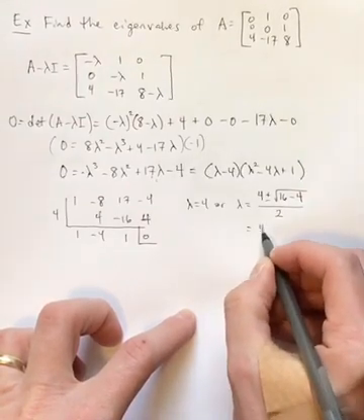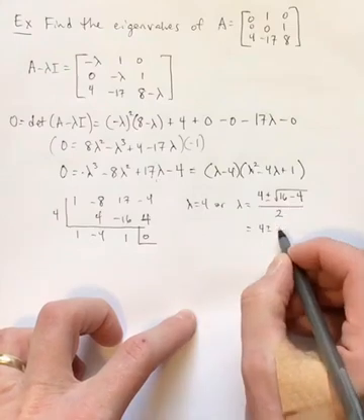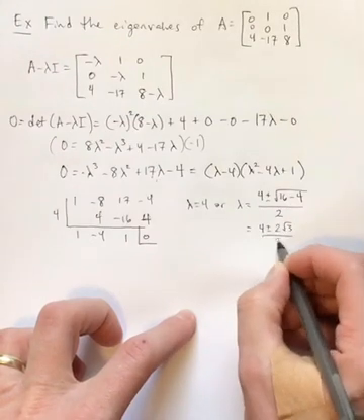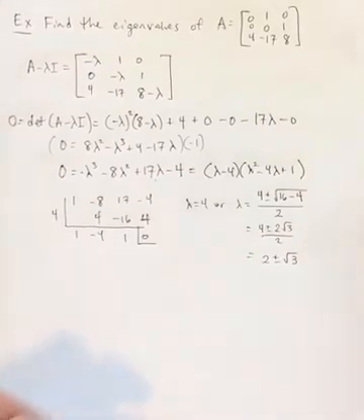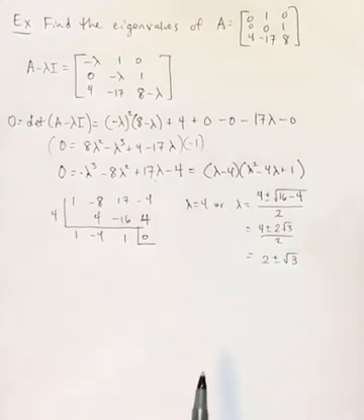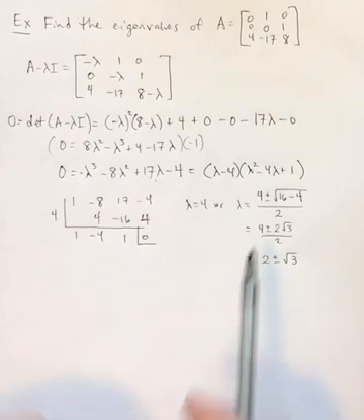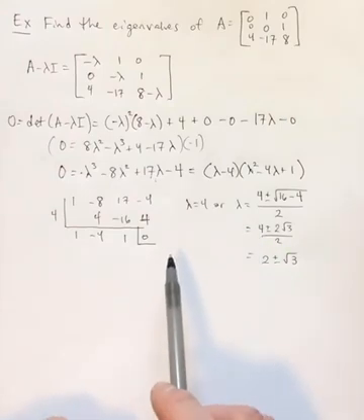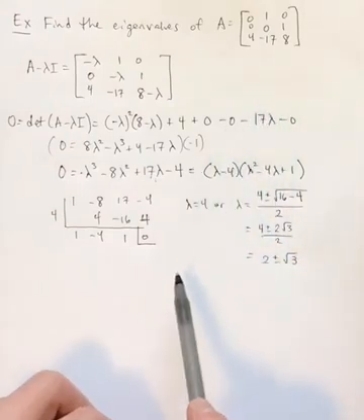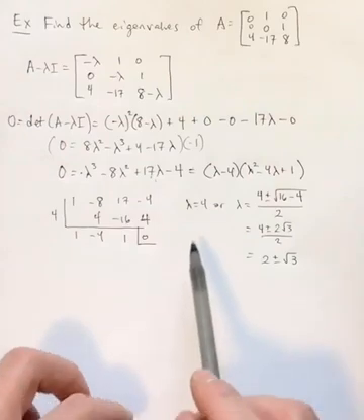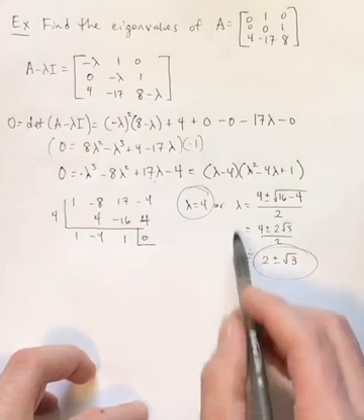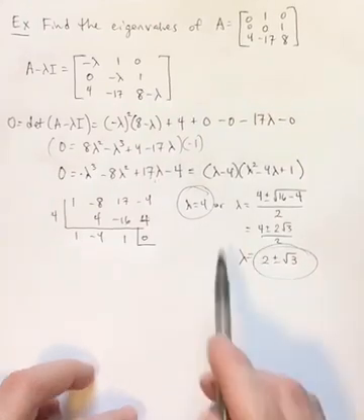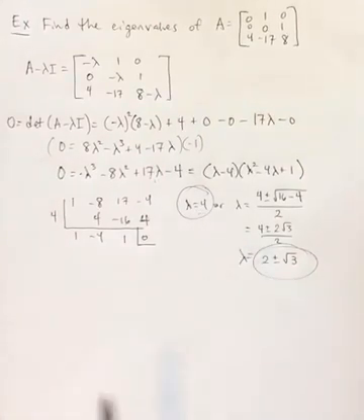And then that's 4 plus or minus the square root of 12, so 2 root 3, divided by 2. And when we simplify that, we get 2 plus or minus root 3. So again, as I said in the last video, because this is a 3 by 3 matrix, I could have at most 3 different eigenvalues. And in fact, I do have three different eigenvalues: 4, 2 plus root 3, and 2 minus root 3.